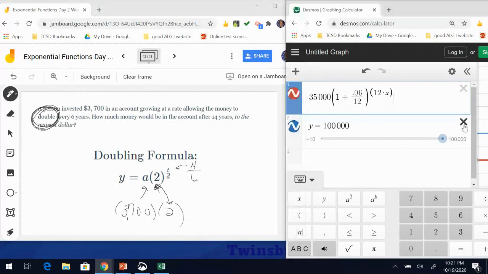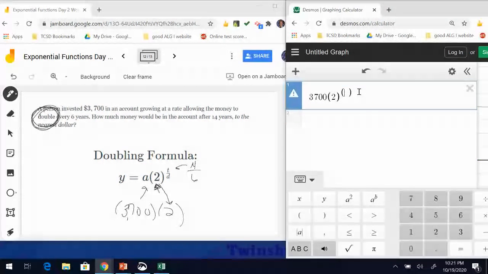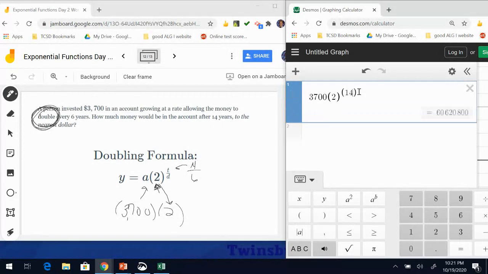So let's plug that information into our best friend, Desmos. And we get all that garbage inside. That growth factor is 2. And now we said we're going to be 14 years divided by 6 years.